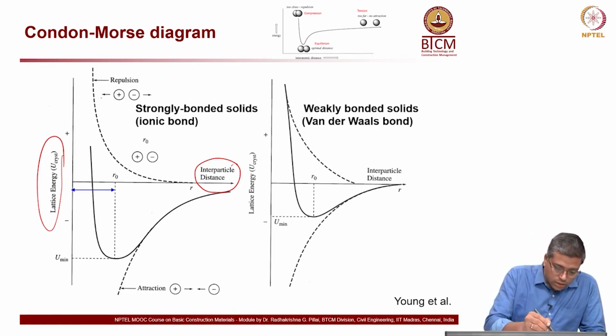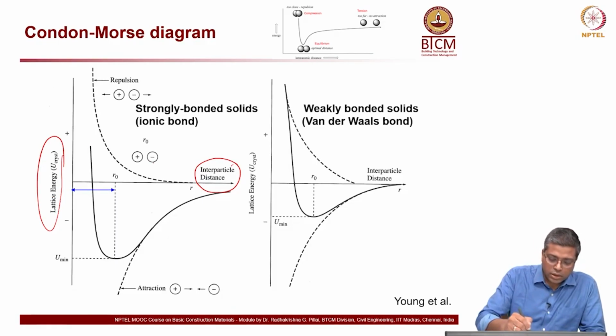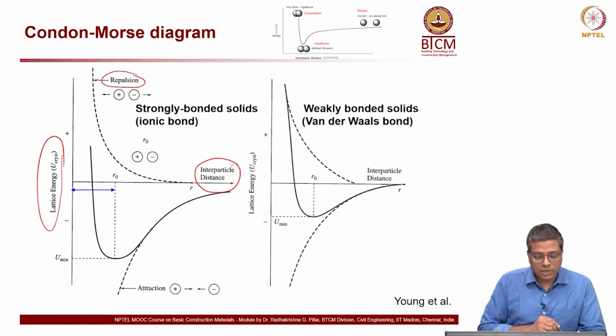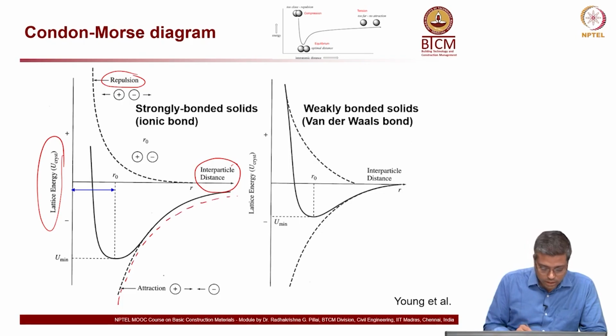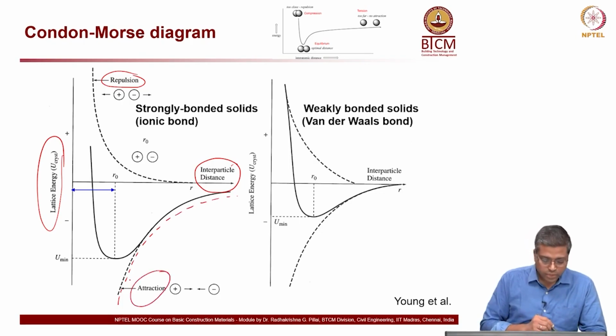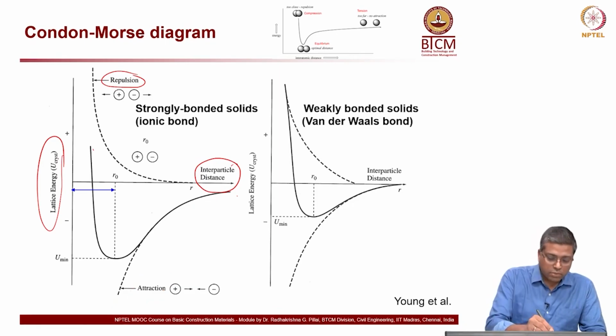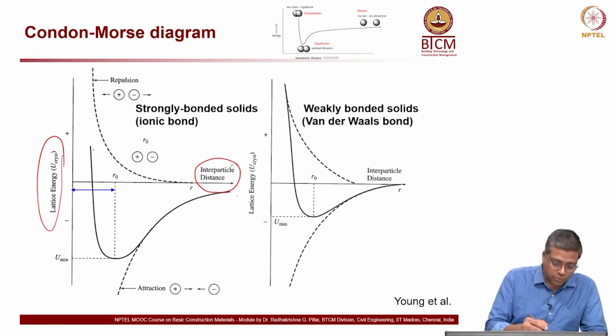Look at the top dashed curve, which indicates the repulsive force, and the bottom dashed curve indicates attractive forces. When you add these repulsive and attractive forces together, you get this solid curve.